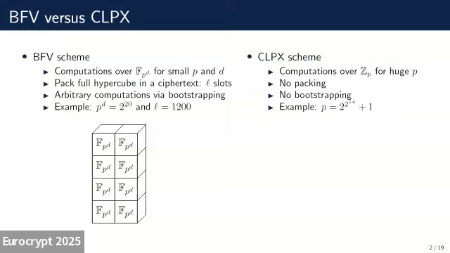And then here are some example parameters. So in the BFE scheme, we could work, for example, with a packing size of 1,200 in practice. And in the CLPX scheme, we could use a characteristic that is equal to this 2 to the 14-bit number that you can see here. So note that this p here is really huge in CLPX.